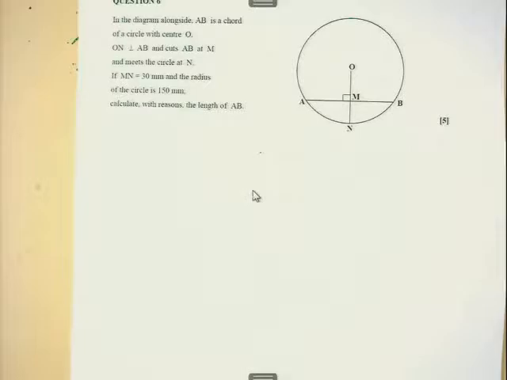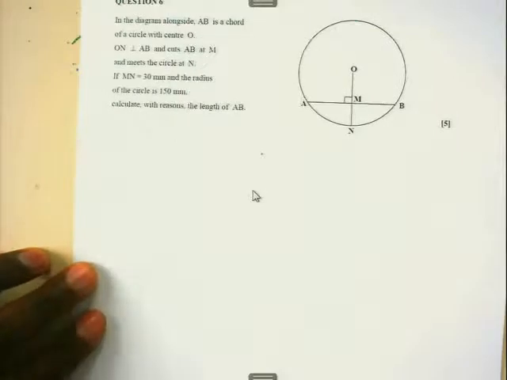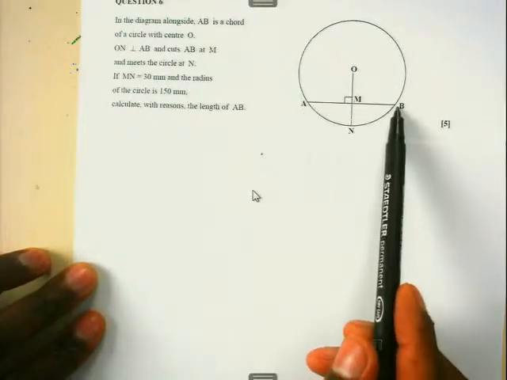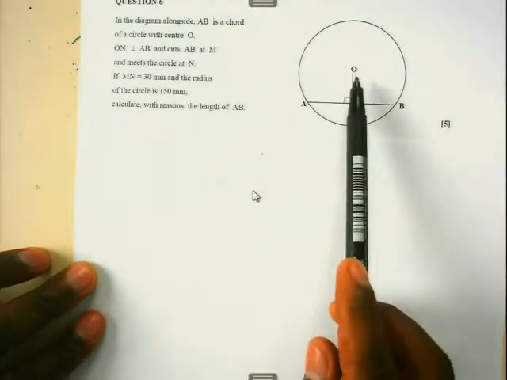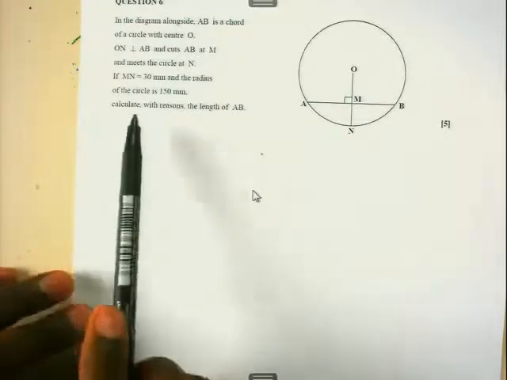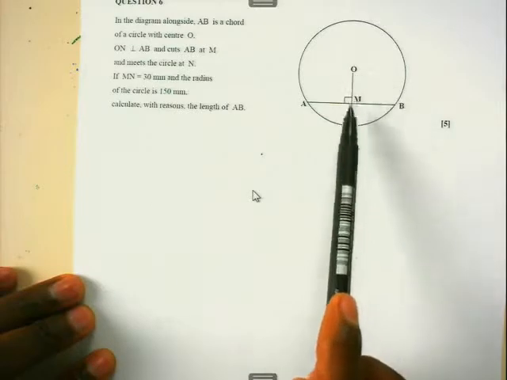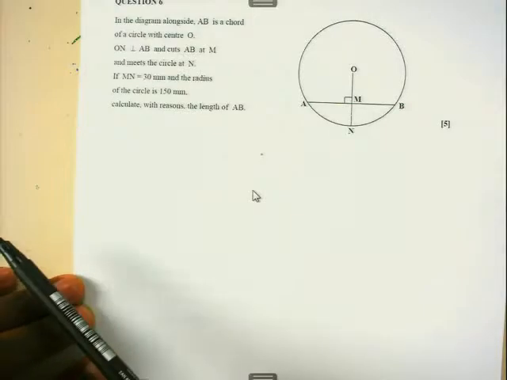In the diagram alongside, AB is a chord of a circle with center O, meaning O is the center of the circle. ON is perpendicular to AB at M, and that angle is already marked 90 degrees.